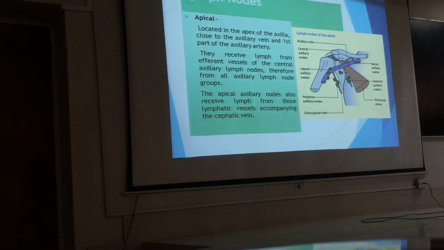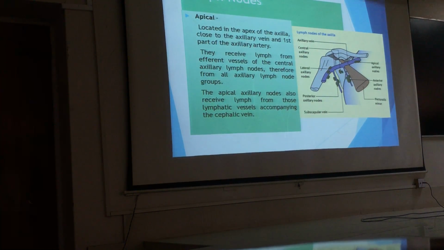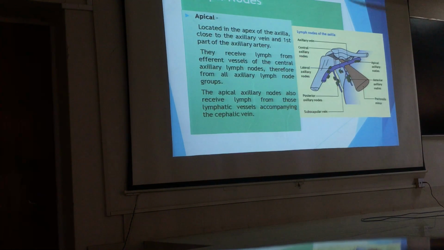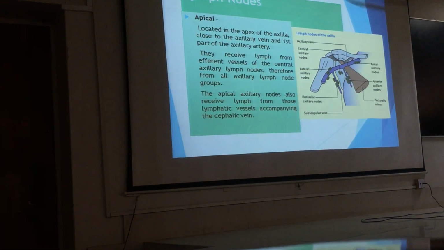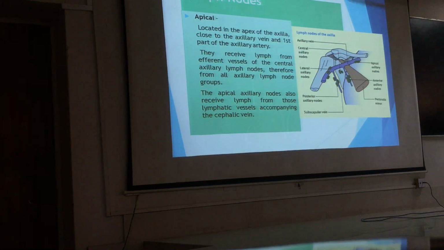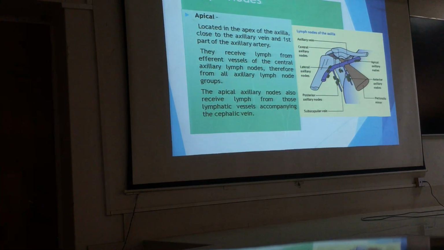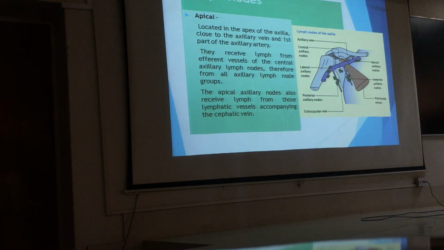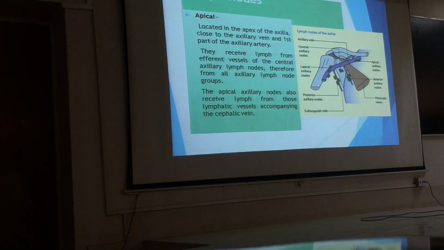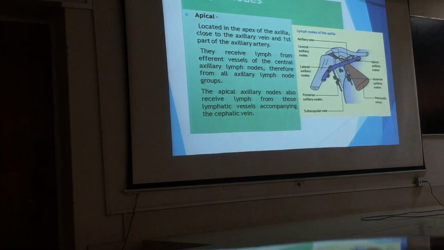सेकेंड पार्ट से हमने दो देख लिए थे, एक anterior group को देखा था हमने, जो कि सेकेंड पार्ट से था, और एक central group को देखा था, जिसमें से anterior group lateral thoracic के साथ था, और जो central था वो बिल्कुल deeper था in the axilla. Now when we talk about this apical, this is related to the first part of the axillary artery, directly in relation to the axillary vein lying in the apex of the axilla.